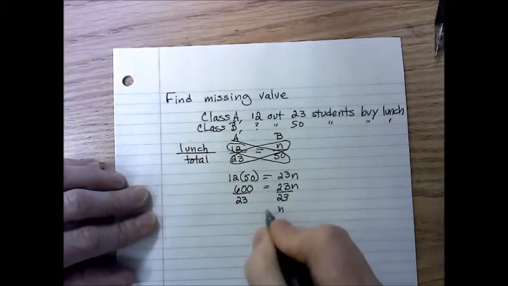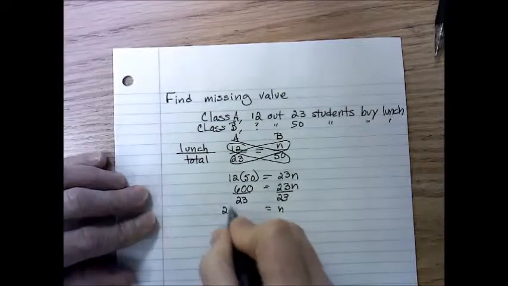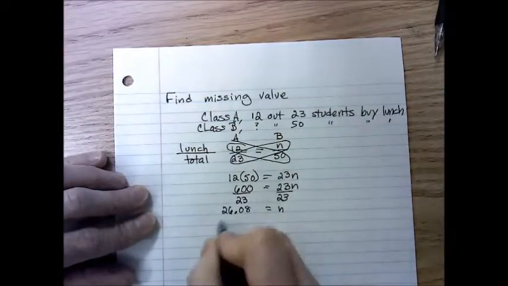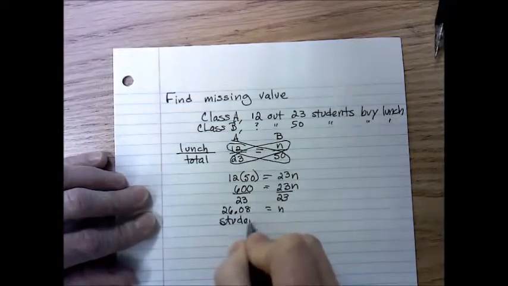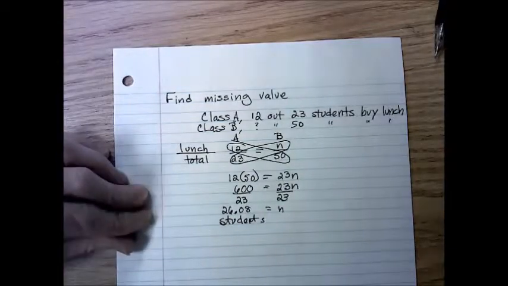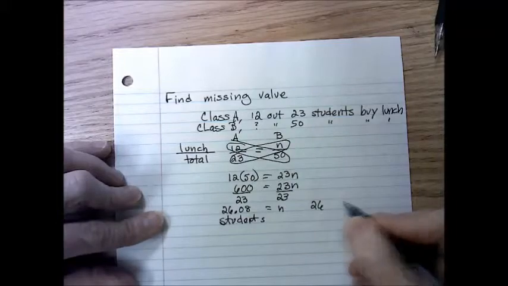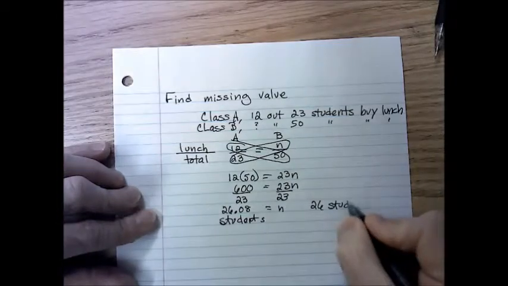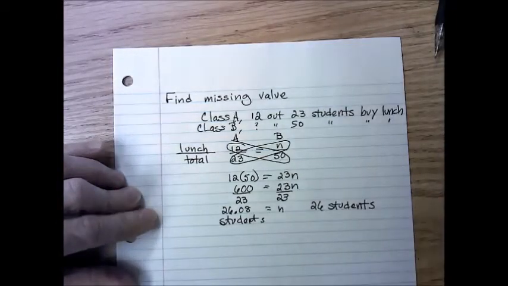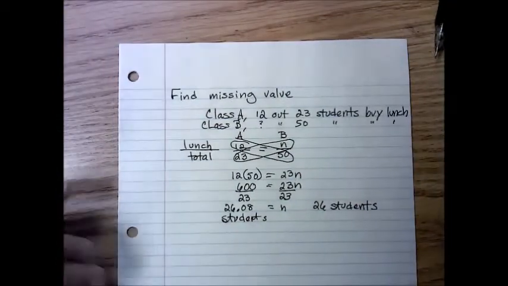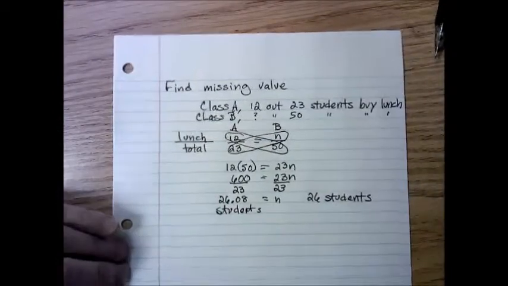And when we divide, n comes out to 26.08 students. So we know we can't have a 0.08 student, so we would round our answer to about 26 students.